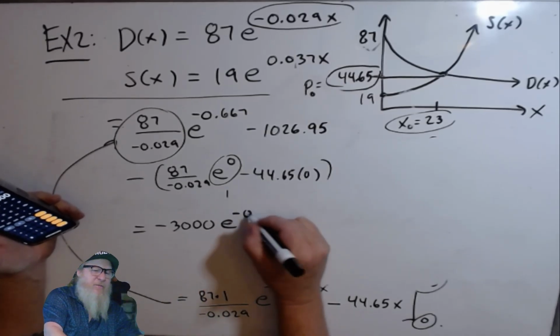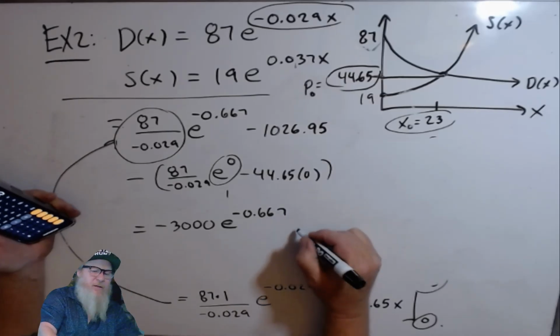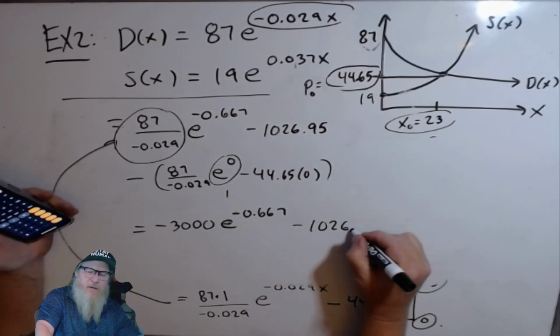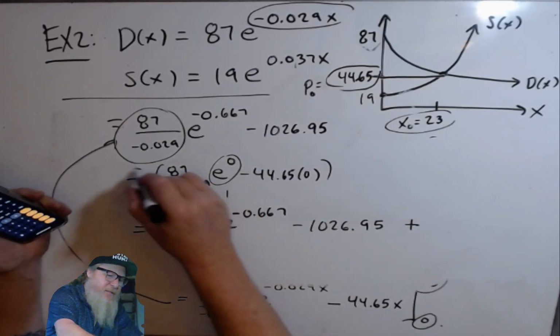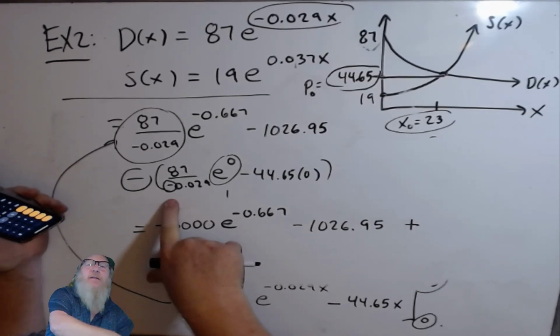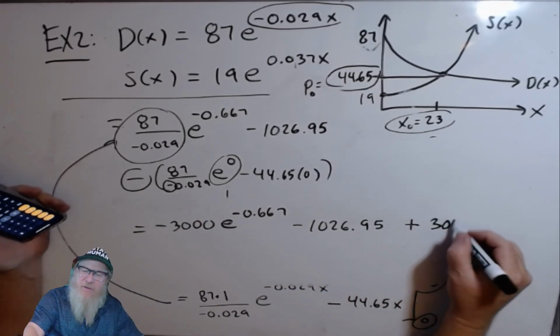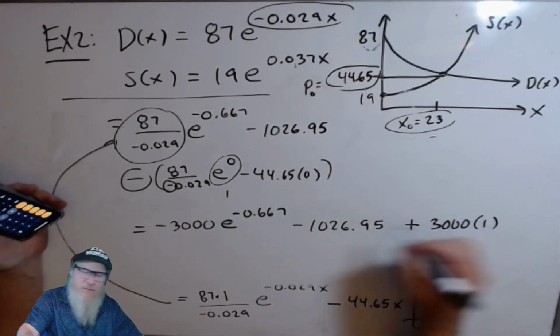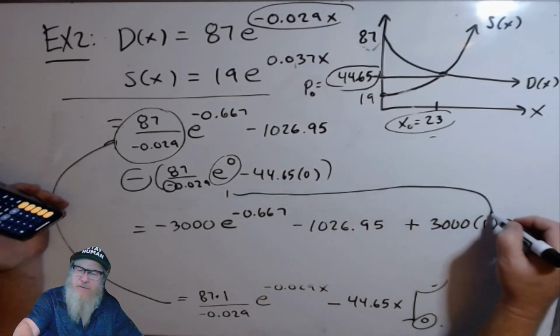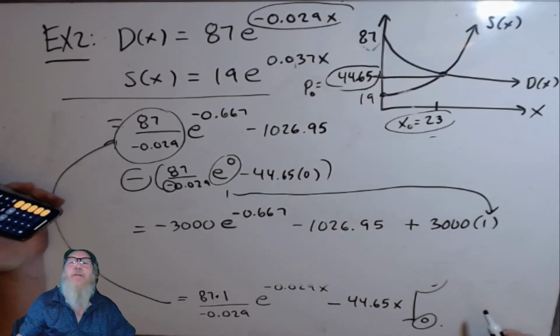E to the negative 0.667 minus 1,026.95 plus 3,000. It's another 3,000 times 1. That's just 3,000.